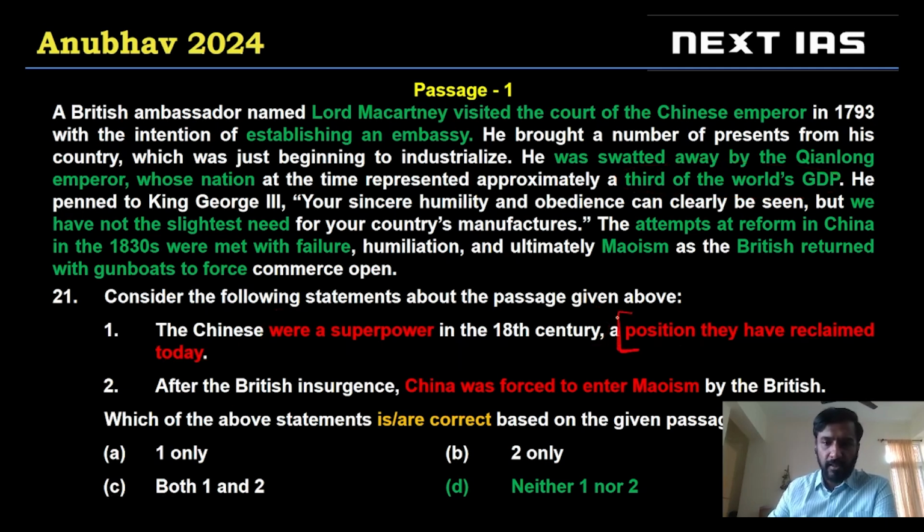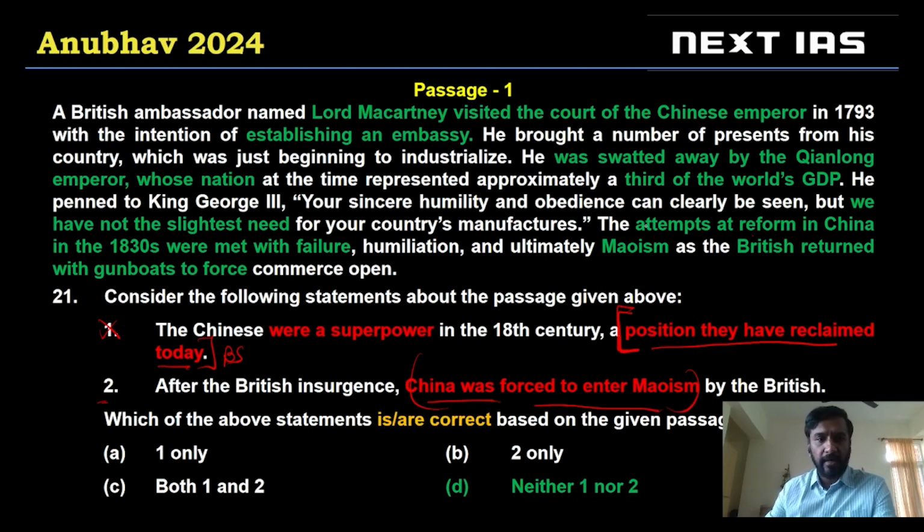Like I said, one phrase that I wanted you to remember: when you mark something and that has no evidence in the passage, it is beyond the scope of the passage. So it's invalid. And two says after British insurgents, China was forced to enter Maoism. Forced to enter Maoism is anyway incorrect. If you notice, attempts at reform were met with failure and ultimately Maoism.